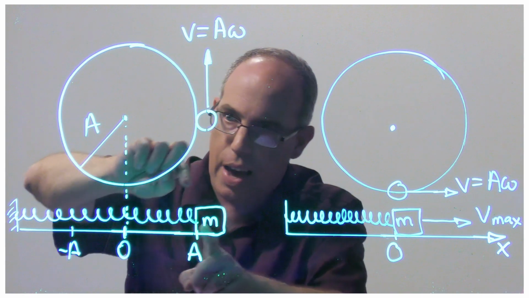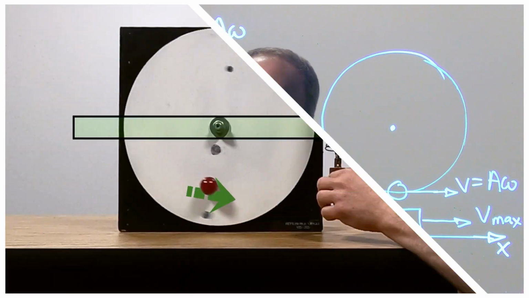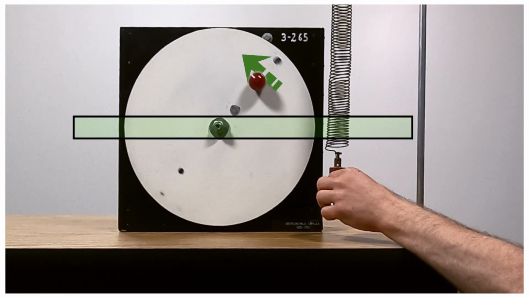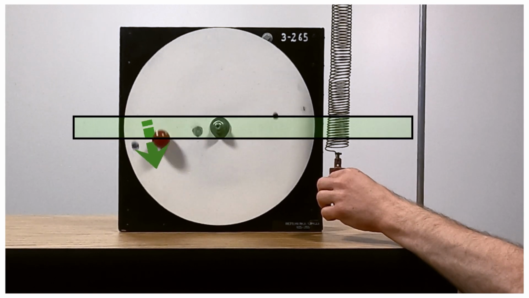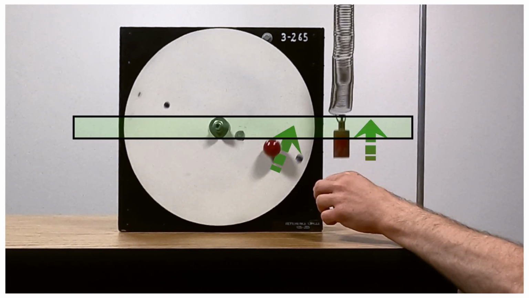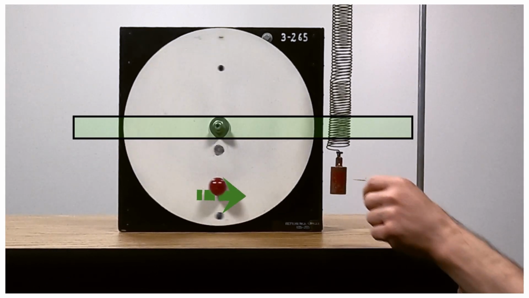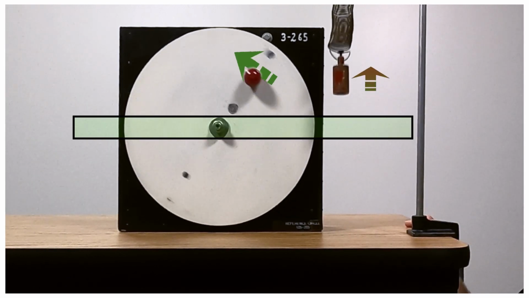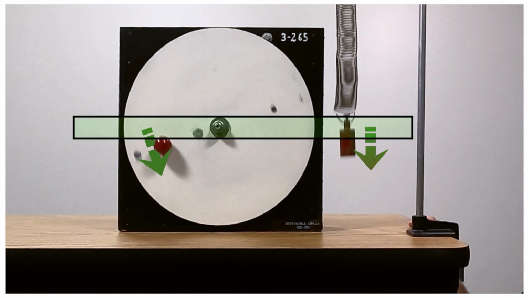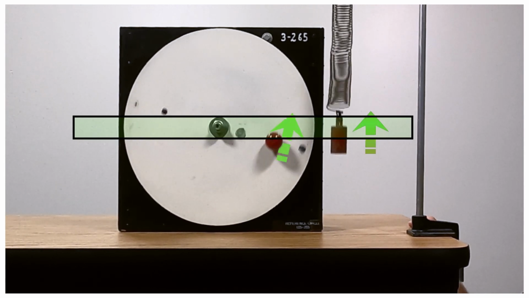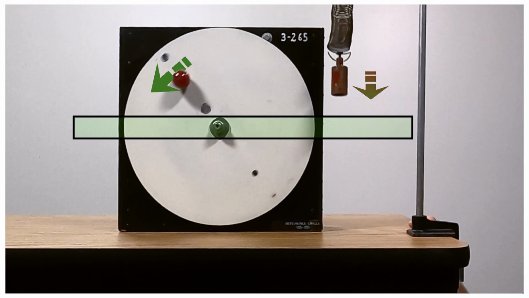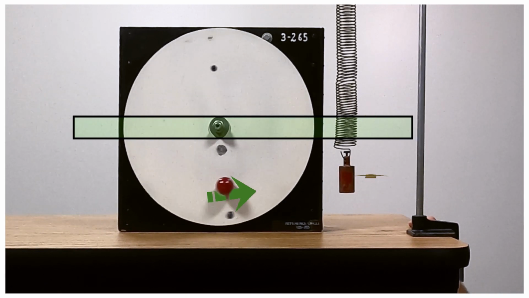Now, look at the motion of the circling mass and the motion of the mass on the spring together. There are only two moments in each cycle where the velocities of those two things are exactly the same. The two moments in each cycle where the velocities are exactly the same are those two moments where the mass on the spring is going through x equals 0.